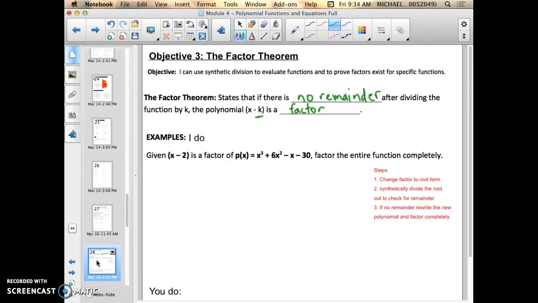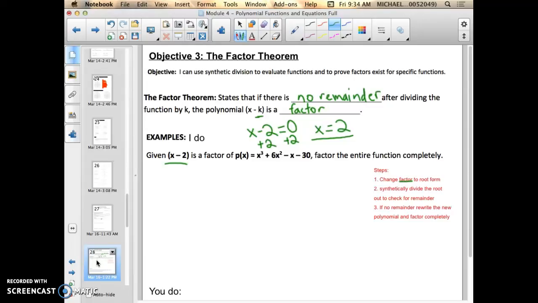So I'm still going to use synthetic division, but my first step looks a little different. I have to change the factor to root form. I have a factor of x minus 2. I can solve it by setting it equal to 0, so plus 2, and now I have x equals positive 2. So I'm going to evaluate with synthetic division at x equals 2.